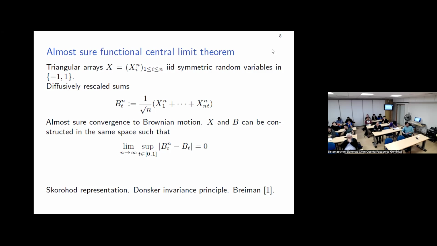You sum n random variables of the array number n, and then divide by the square root of n. The Donsker theorem tells you that this converges in distribution to Brownian motion, and using the Skorokhod representation, you also have that the supremum of the difference between this discrete approximation and the Brownian motion goes to 0 when n goes to infinity. Okay.